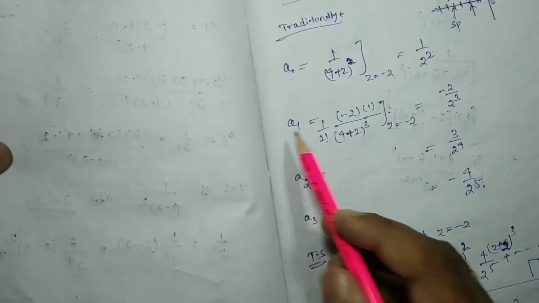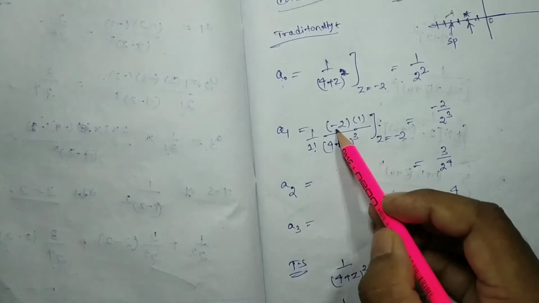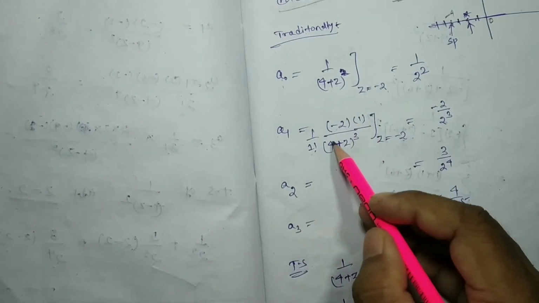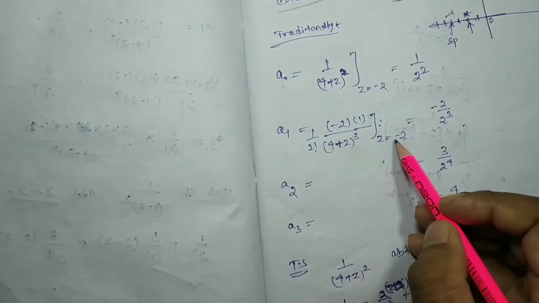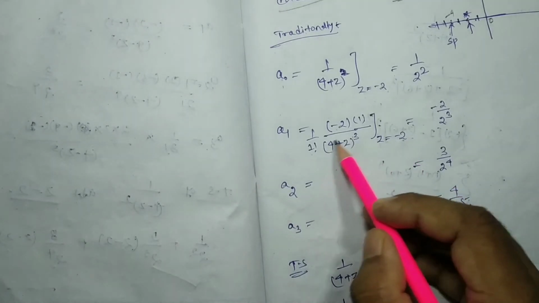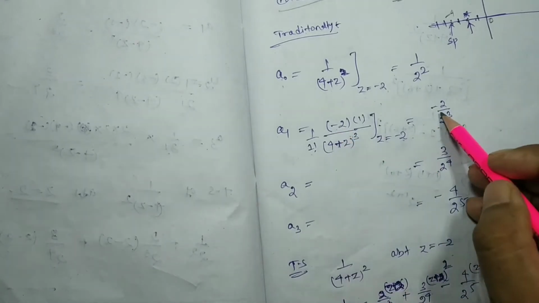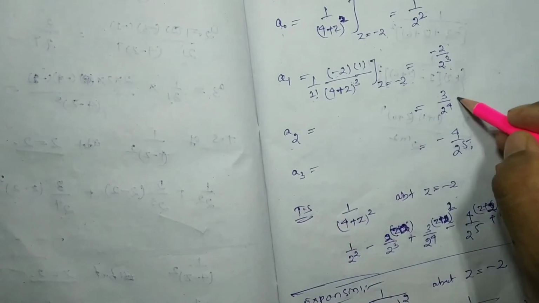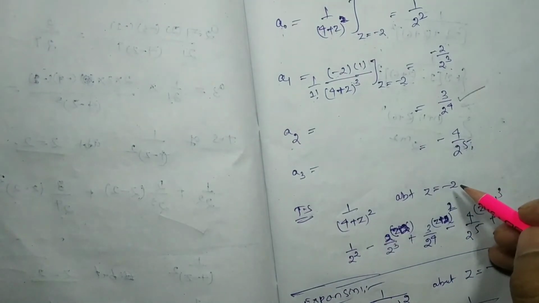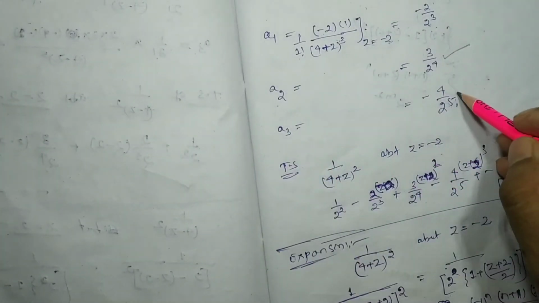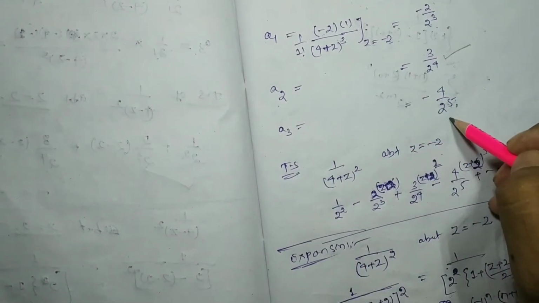A1 will be 1 by 1 factorial, minus 2 into 1 divided by 4 plus z cube. So z is minus 2, the denominator will be 2 to the power 3, but here it is minus 2. So minus 2 by 2 to the power 3. And a2 you can calculate, you will find 3 by 2 to the power 4. And a3 you can calculate, you will find minus 4 by 2 to the power 5.